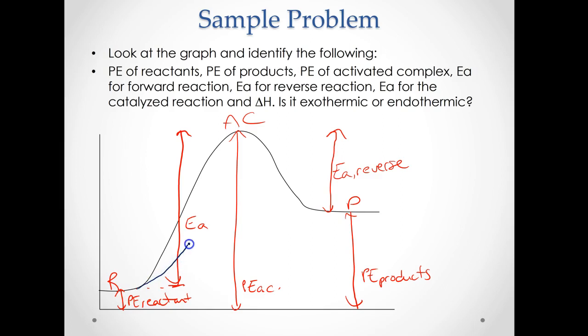What a catalyst does is it makes the hill smaller. So if I was to put in the activation energy for the catalyst, it is much less than the activation energy for the normal reaction. Delta H is the difference between where the products and the reactants are. And overall, this one is endothermic.